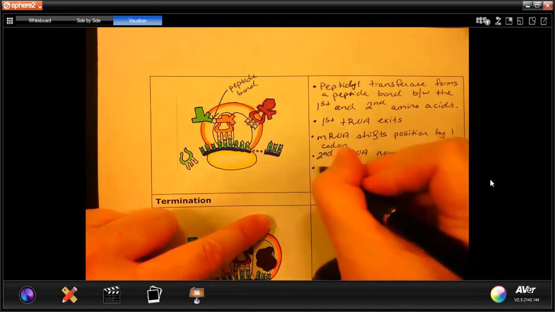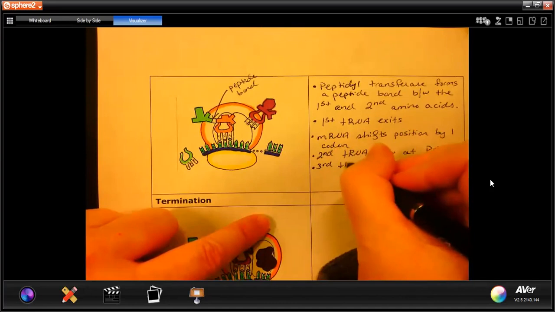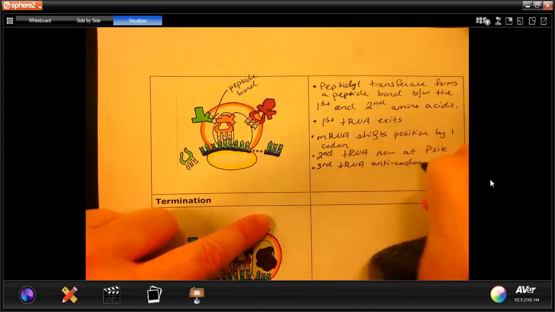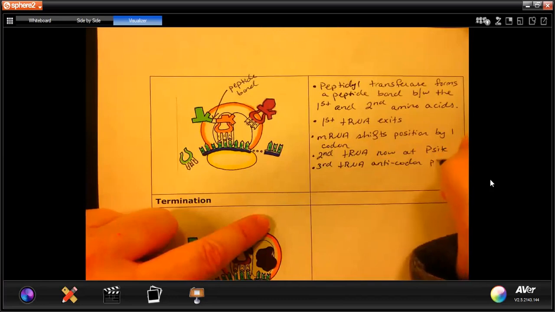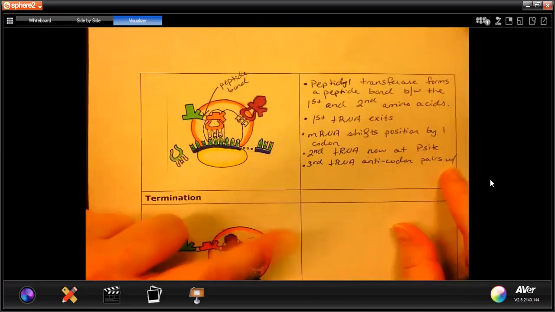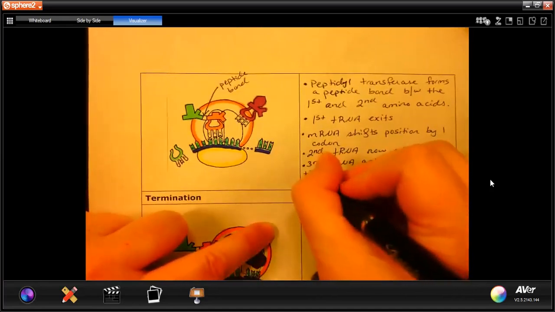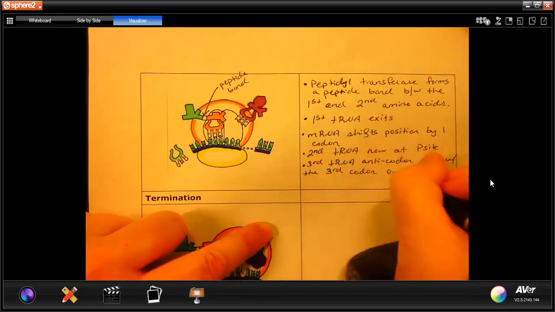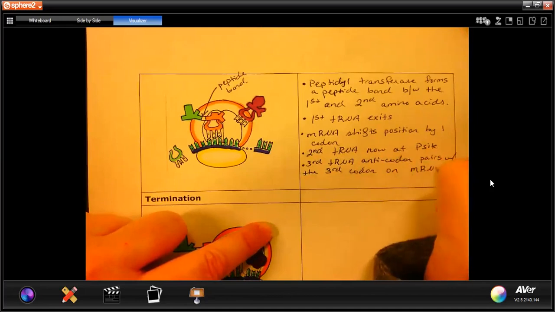Okay, and then a third tRNA anticodon pairs with, I'm going to abbreviate that w/, that's how I do things, the third codon on mRNA.